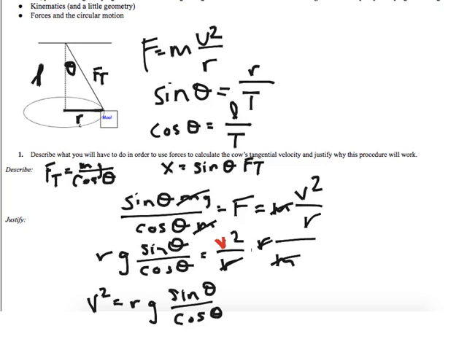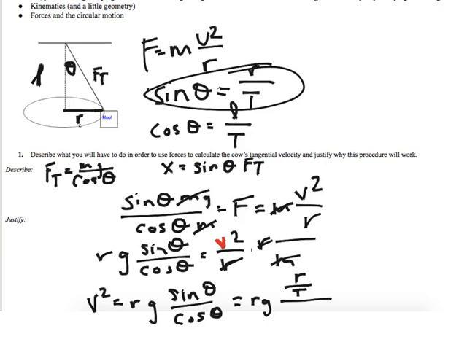So these are equivalent, you can plug them in for each other. So you're going to end up getting, this is also equal to rg, then we can just plug in r over t, divided by cosine theta, which is L over t.